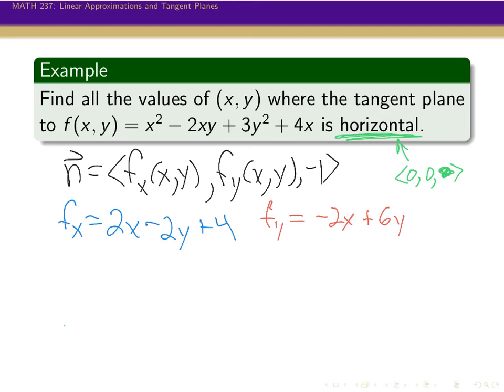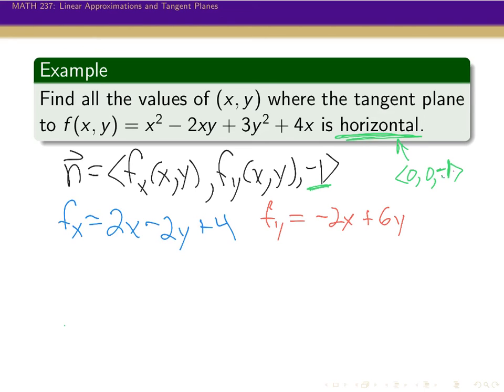Since the normal we're getting from the function always has -1 in the z component, and there are lots of different normal vectors to a plane, we can plug in -1 there.